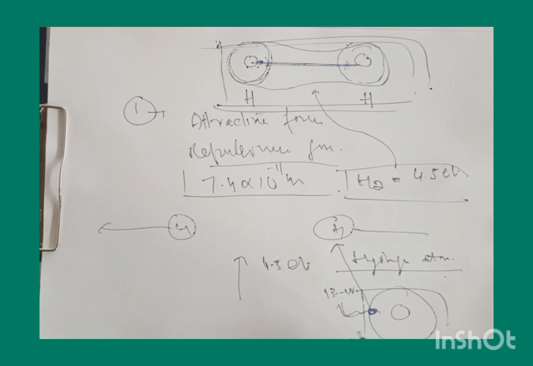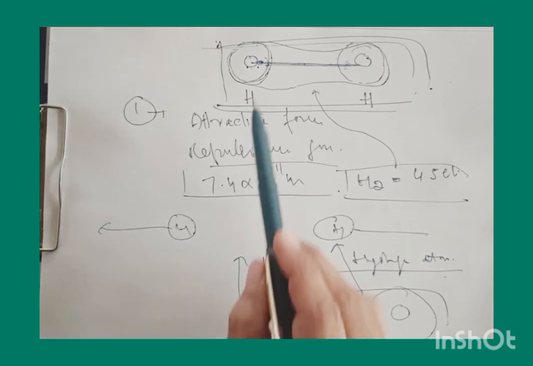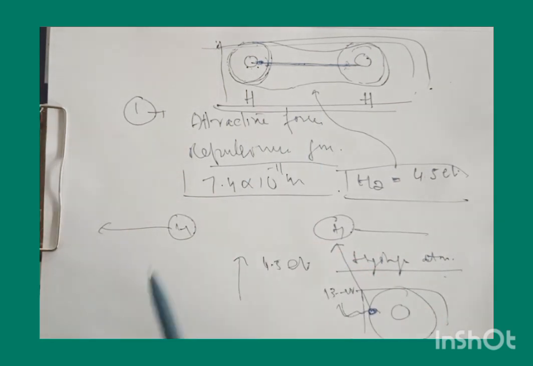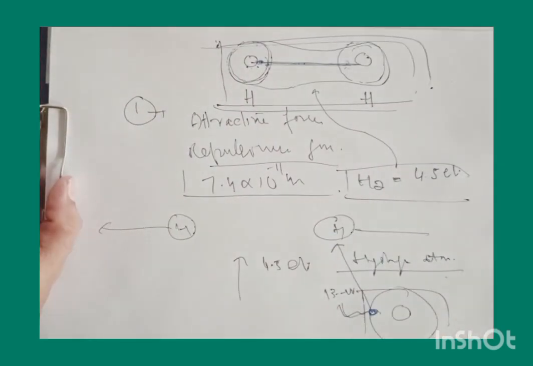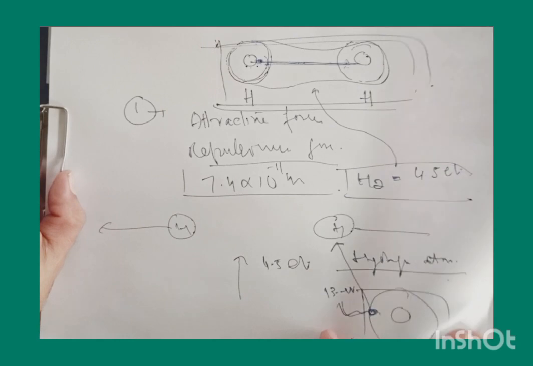This is the fact that we need much less energy to break molecules than atoms. So breaking molecules is a simpler job than breaking atoms, getting electrons out of these atoms.